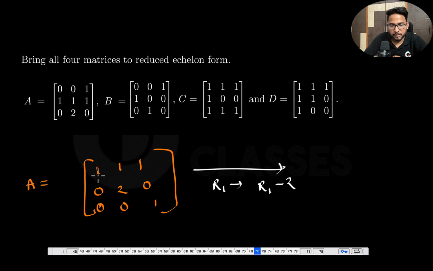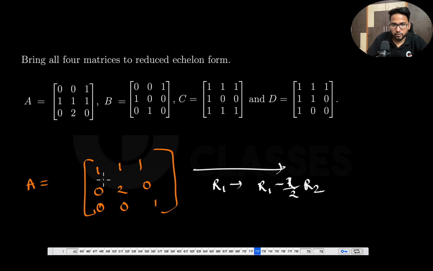If you do R2 minus, then it will be a problem because it will be minus 1. Then you can do it, but ultimately you have to divide by minus 1. So let's do R1 minus only. R1 minus 1 by 2 R2, and then this will be 0.